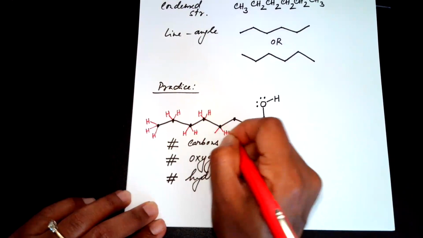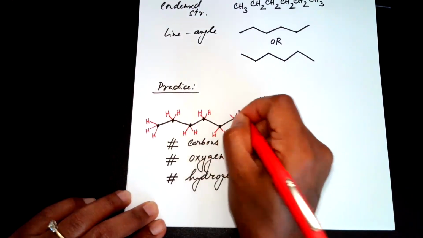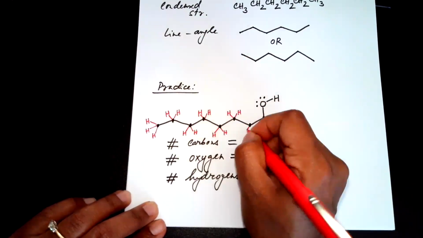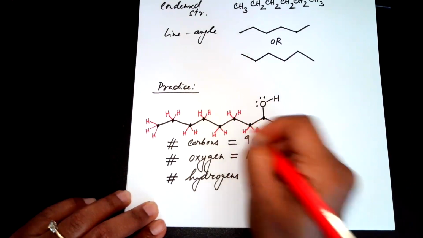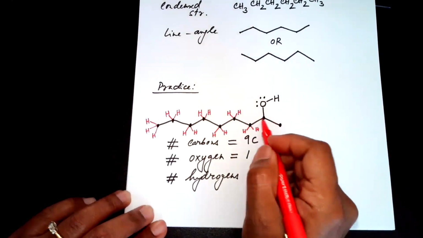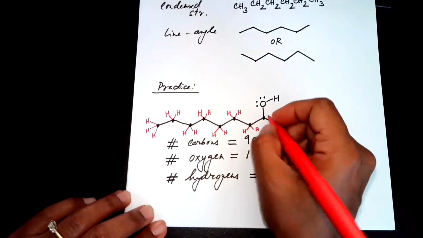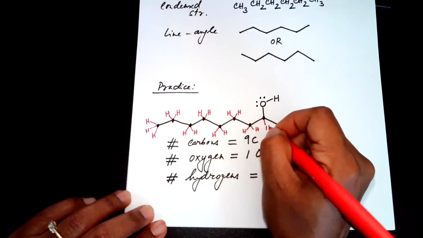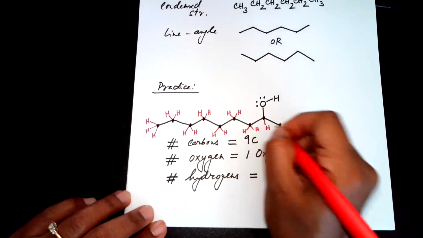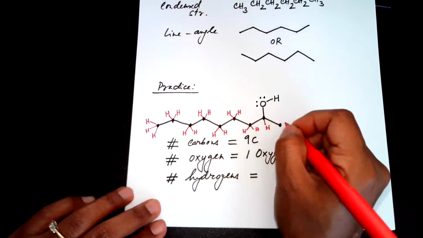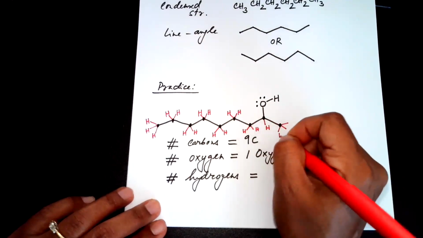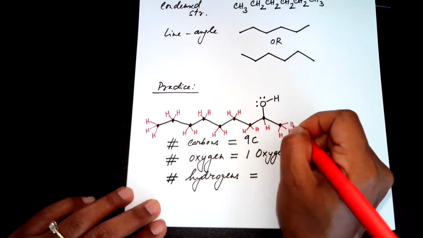Same here, and here, and here. This carbon has 1, 2, 3 bonds. So the fourth one that's not shown must be a hydrogen. And then on my last carbon, I just see one bond. So the other 3 must be hydrogens.